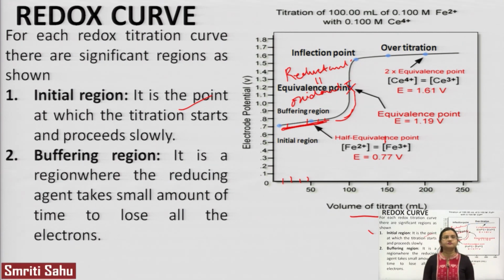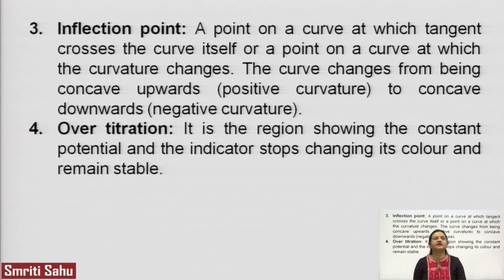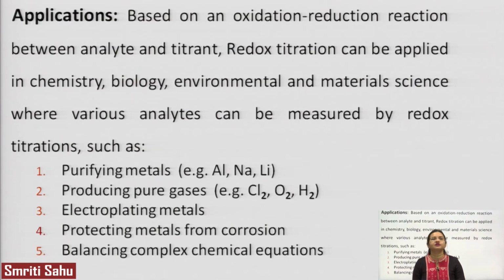This sigmoid shape curve has different parts: initial region, buffering region, equivalence point, and after that inflection point and over titration.